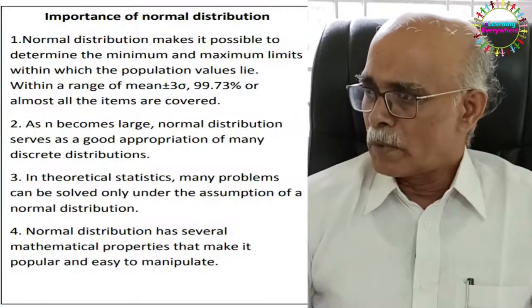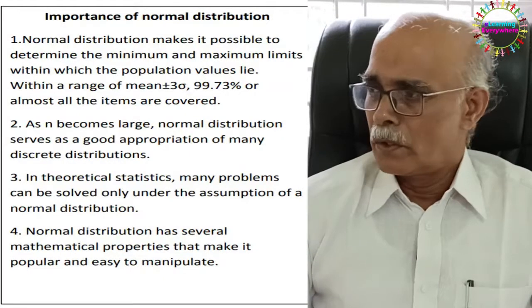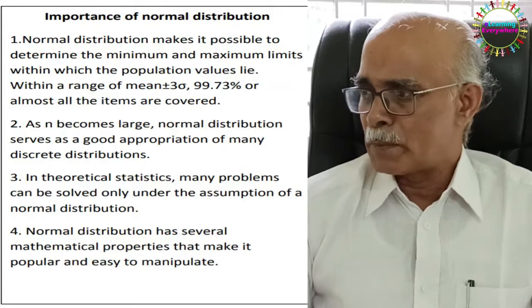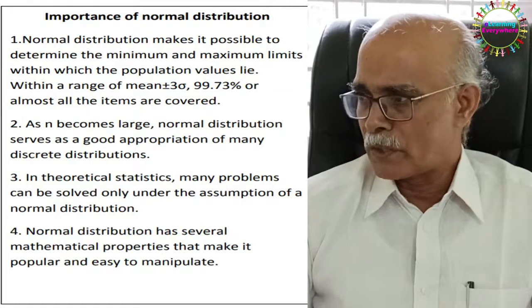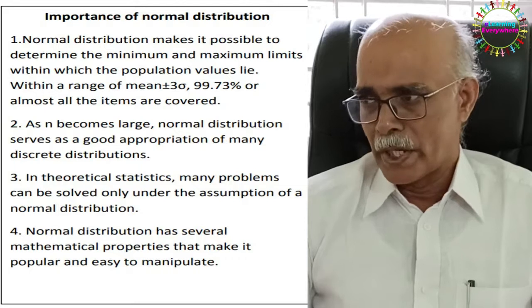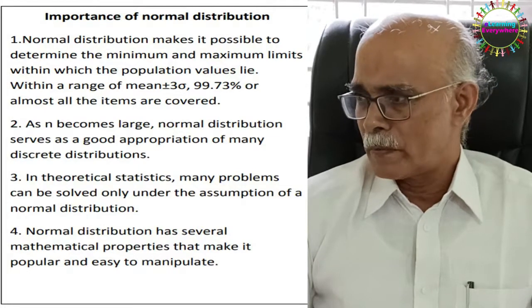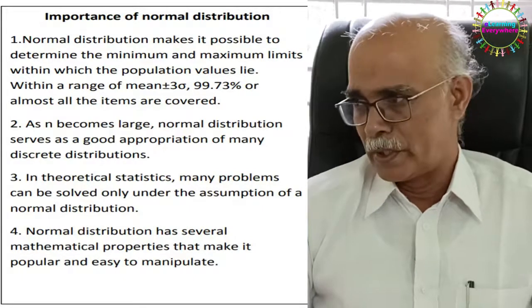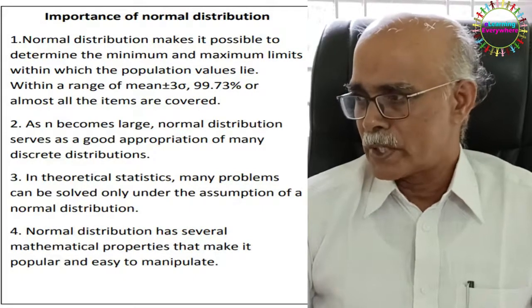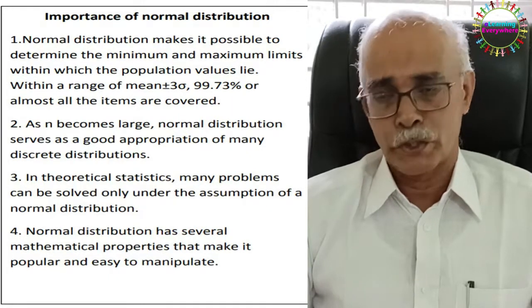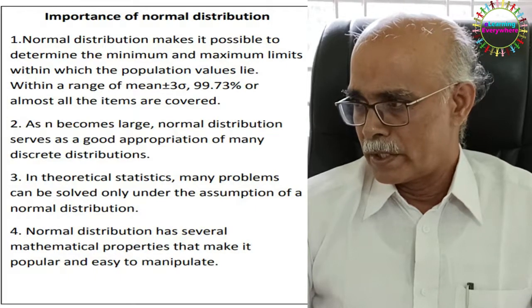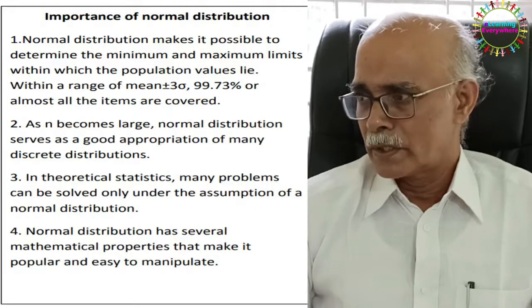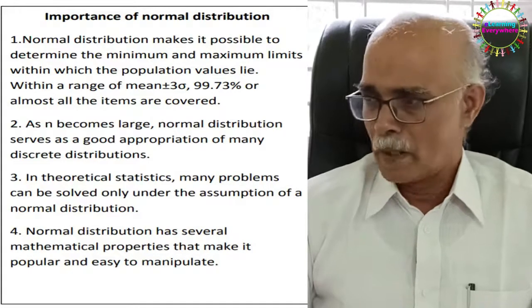Now let us see the importance of normal distribution. Normal distribution makes it possible to determine the minimum and maximum limits within which the population values lie. Within a range of mean plus or minus 3 standard deviations, 99.73% or almost all the items of the distribution lie if the curve is symmetrical.